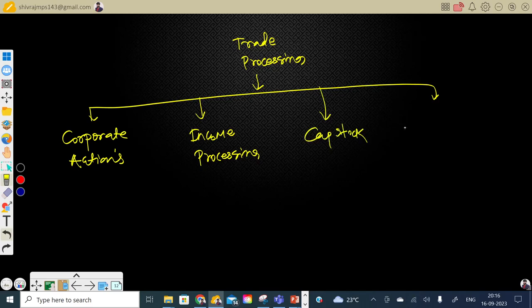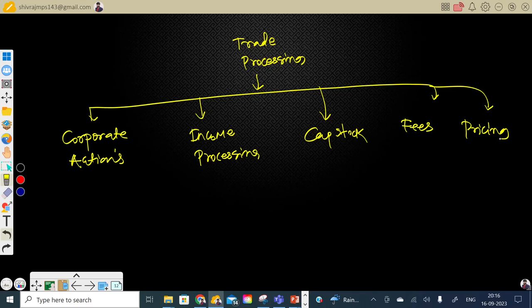Cap stock, fees, right? Then pricing, right? So that will come into the picture. You would see different actions under corporate action. You would see income processing or different activities under income processing.